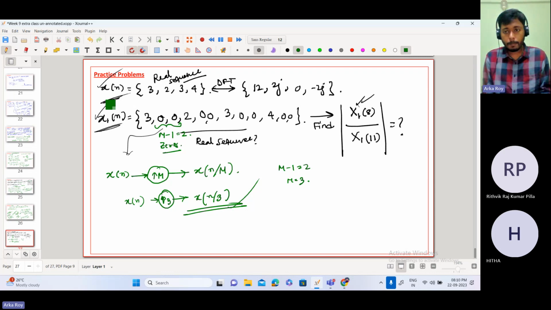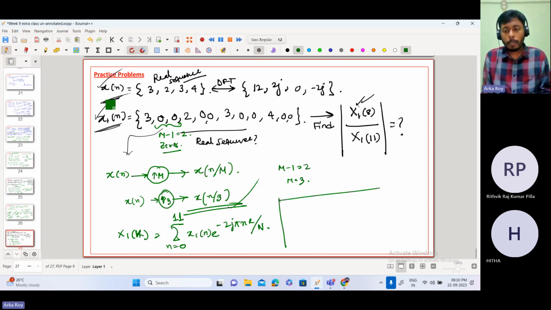Okay, so let us find the DFT. X1[k] is equal to the summation of x1[n] e to the power minus j 2 pi n k divided by N. There are a total of 12 samples, 1, 2, 3, 4, 5, 6, 7, 8, 9, 10, 11, 12, so the n index will go from 0 to 11.